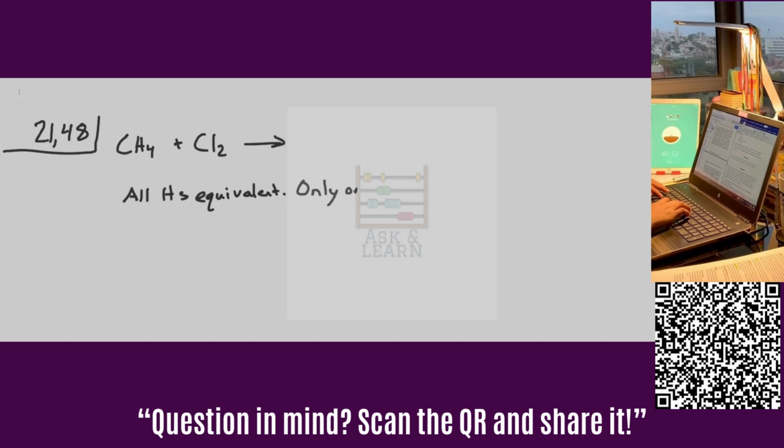And so if we substitute the chlorine for one of the hydrogens, we get CH3Cl and HCl. So only one possibility for this reaction.